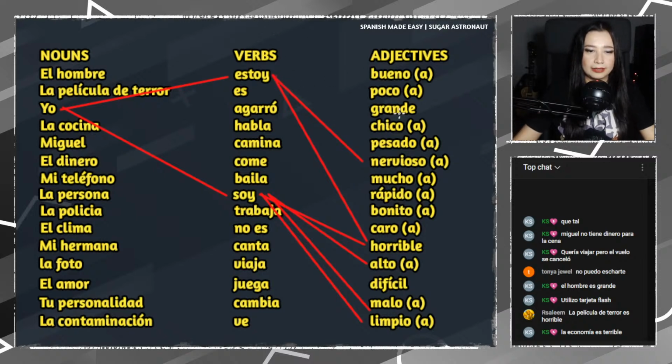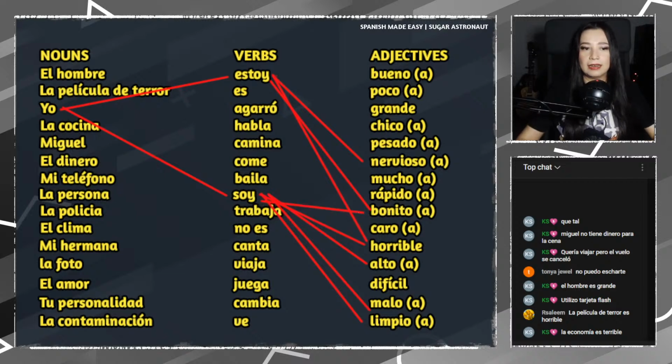Okay, what else? Well, that would be yo soy bonito. You can say yo estoy bonito as well. Like you look pretty, you know. Or bonita will work a bit better. Yo estoy bonita. I'm pretty. Or also yo soy bonita.